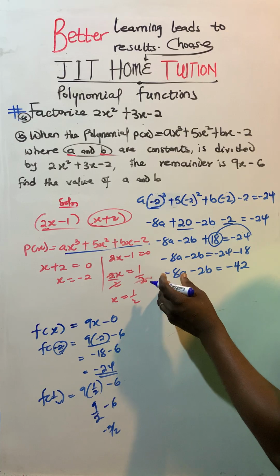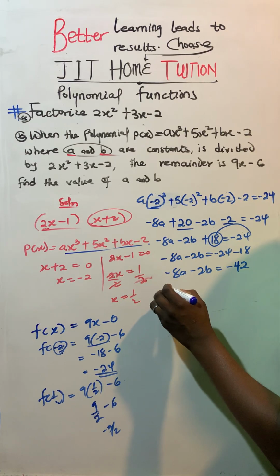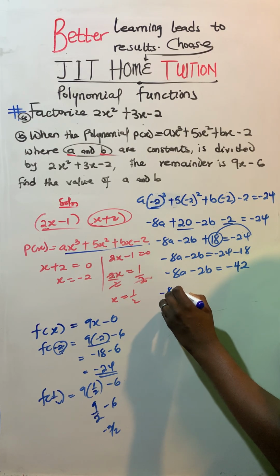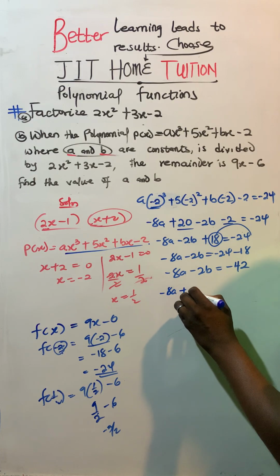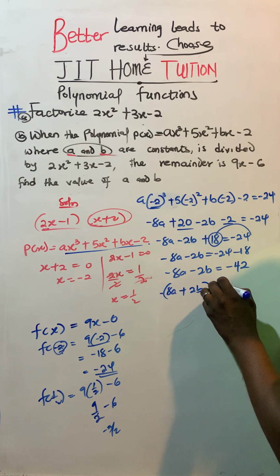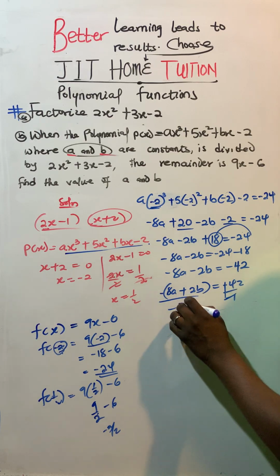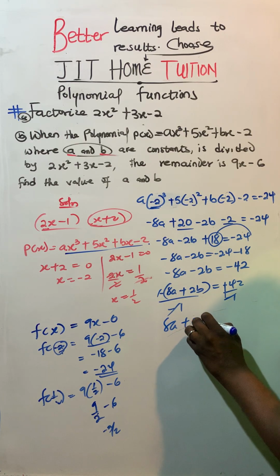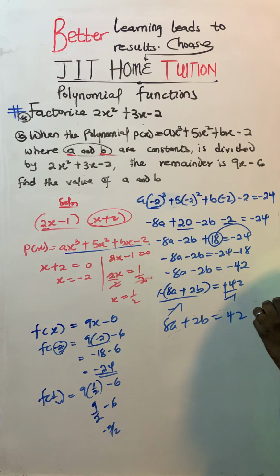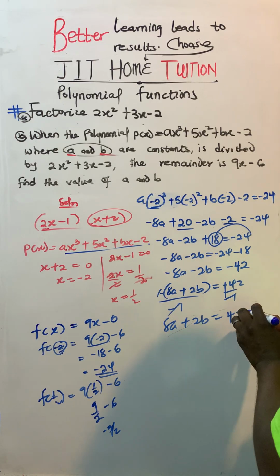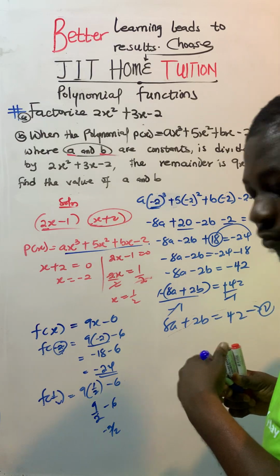So here you can just factorize the negative out. Alright, so you have -8a plus 2b this way equal to -42. Then we'll divide both sides by -1. And now we have 8a plus 2b equal to 42. Like this, as equation 1.